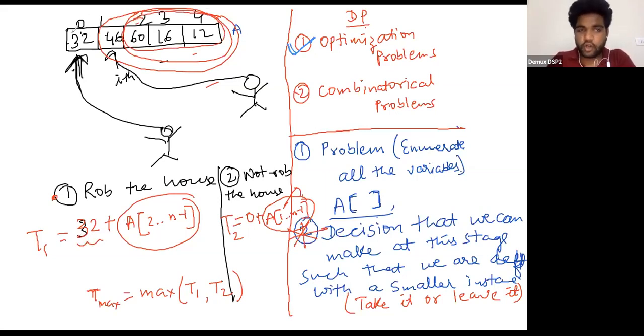And if he chooses not to rob the 0th house, then he is left with 1 to 4. Whatever maximum money he can get from 1 to 4, that will be the total maximum money that he makes out of all the houses. And in this case, whatever maximum money he can get from 2 to 4 plus 32 will be the total money that he can get from all the houses. So this is the decision that I made, and based on this decision, this is what I arrived at.